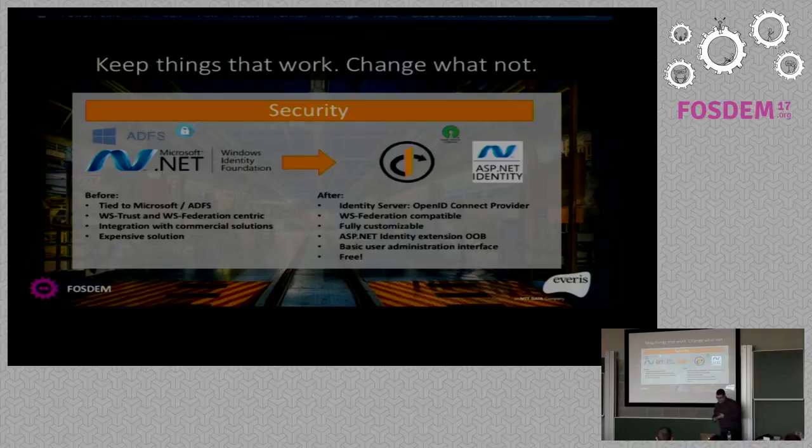It can work with all the previous scenarios you find in enterprises. And it also has an ASP.NET Identity extension out of the box. That means you can create any application using the Microsoft stack and connect to a central single sign-on solution that is also free for you. You don't need to pay anything to get a basic solution for handling user authentication up and running.